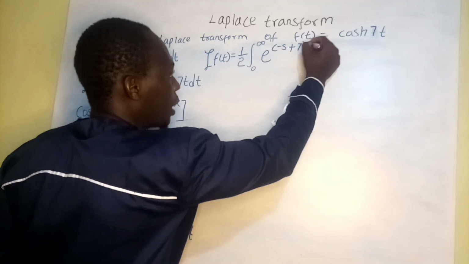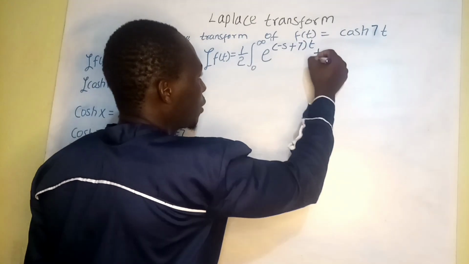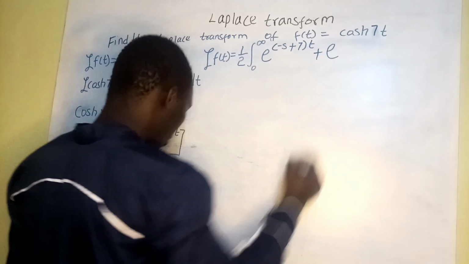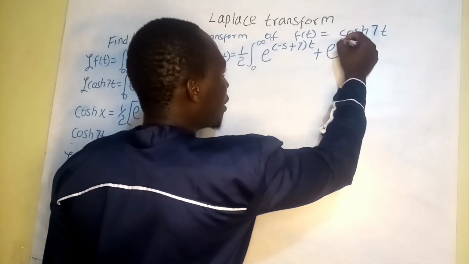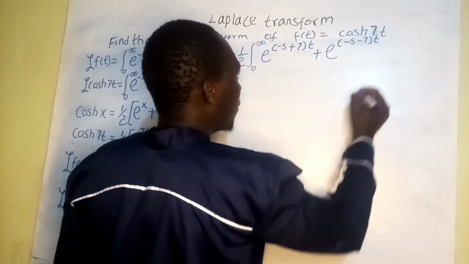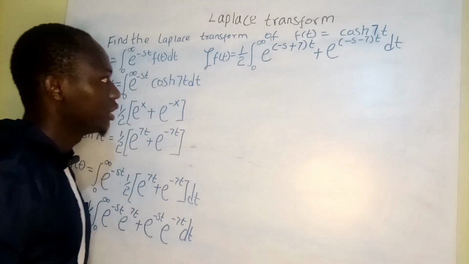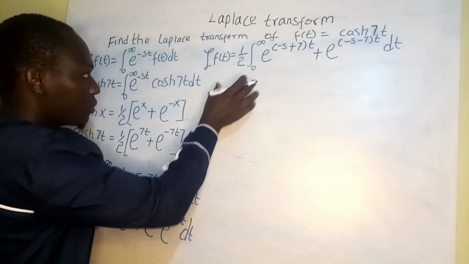We factor out our term of t on the numerator. On this side we are going to have exponential negative of s minus 7, multiplied by t. And our whole integration is with respect to dt.